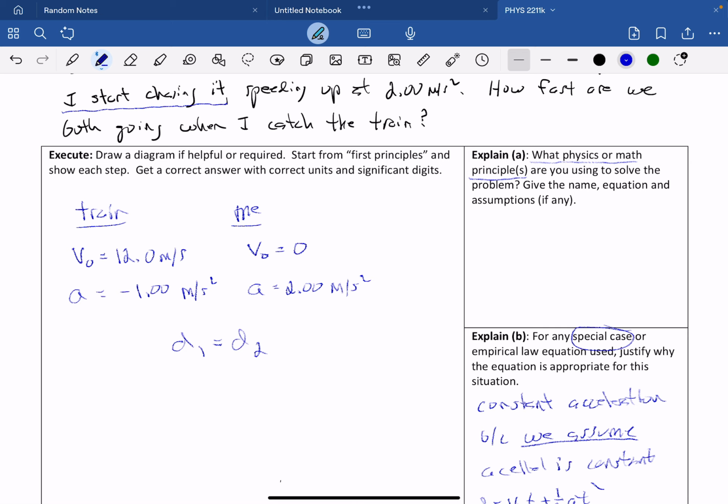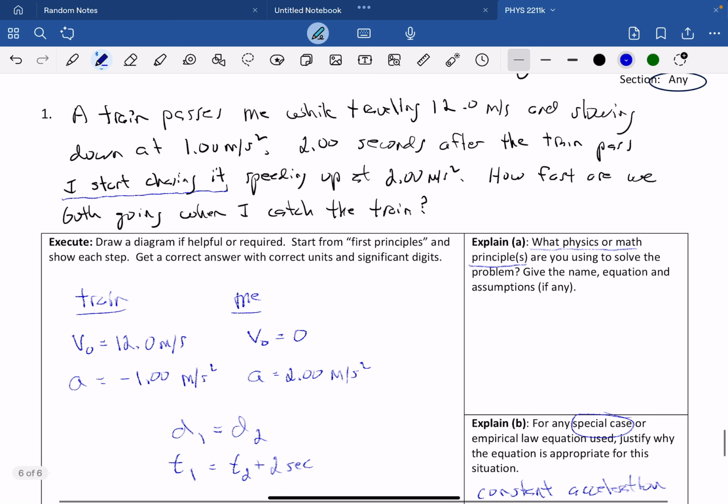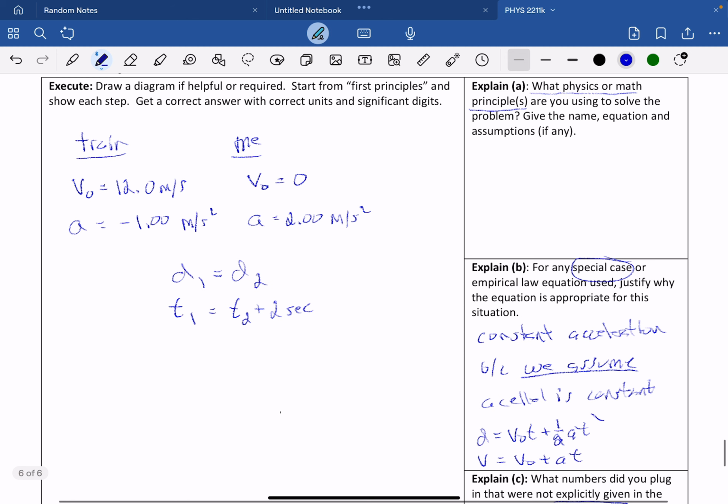The other thing I know is that the time for the train is equal to the time for me plus 2 seconds. I didn't start running until 2 seconds after the train passed me, so the train is going to be moving for 2 seconds more than I'm going to be moving.